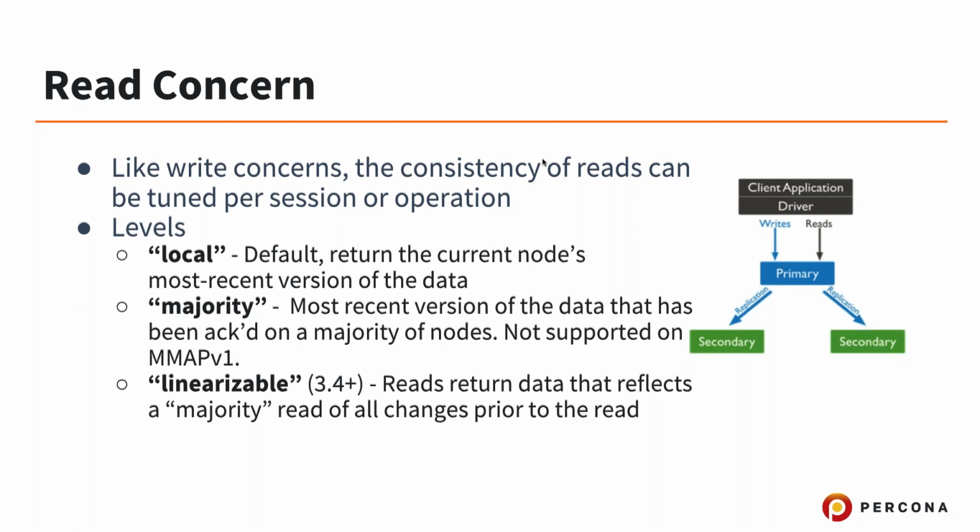Without using read concerns, you're going to read the most recent copy of whichever node you're talking to, where read concern can actually specify a consistency of the read across the entire replica set. The main use case for that is that if the replica set has a failover, whatever your application read will remain true forever.